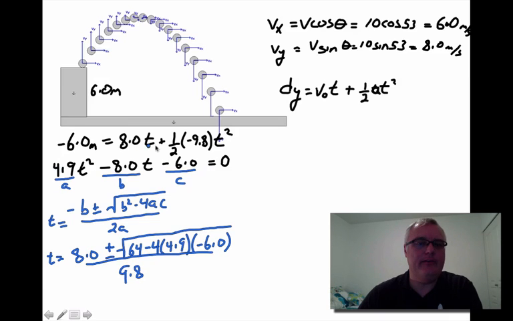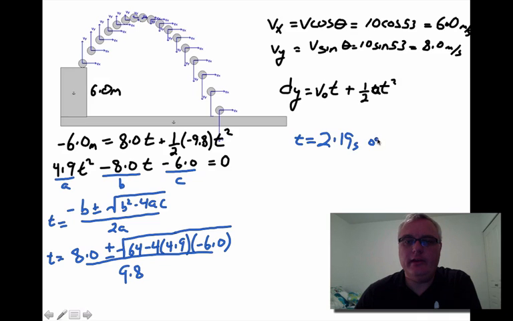Because we got half of a, and then we make 2 times a again. So plugging this into your calculator, you're going to get 2 answers. The first answer being 2.19 seconds, and the second one being a negative 0.55 seconds. Obviously, time can't be negative, so I'm going to discount that one and say that it takes 2.19 seconds to make this whole trip.